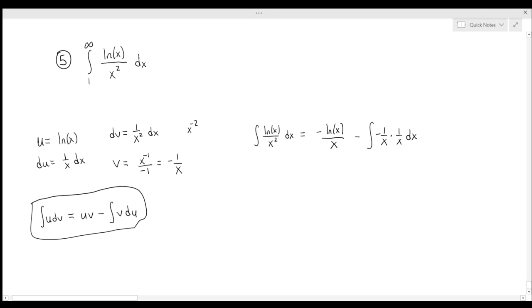Okay. And then from here, simplifying a little bit. Here it's going to be minus and negative, so it's plus. And then 1 over x times 1 over x gives us 1 over x squared.